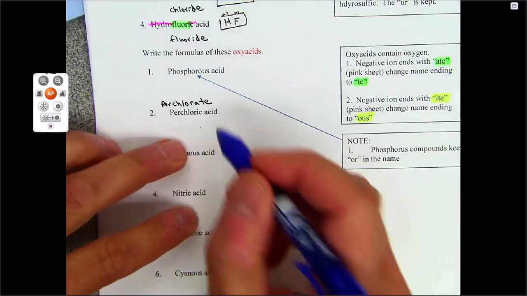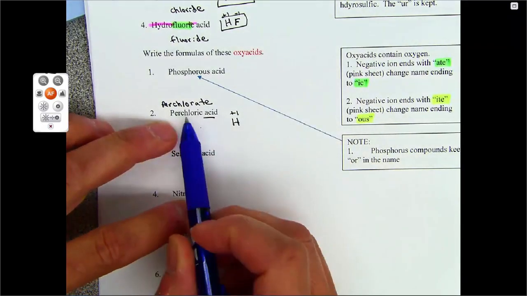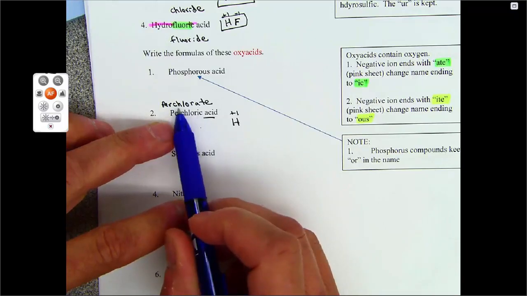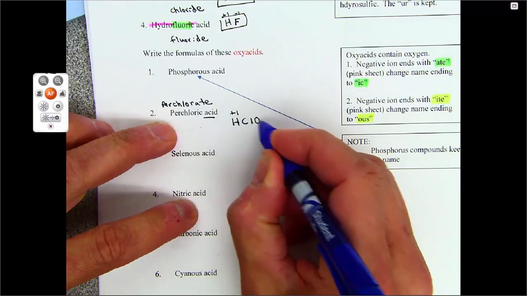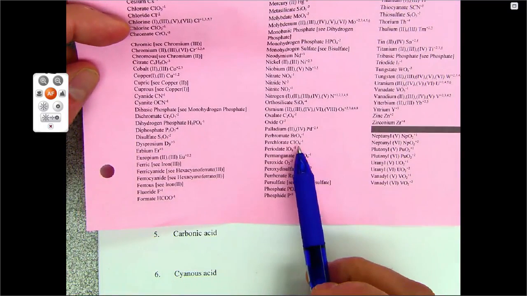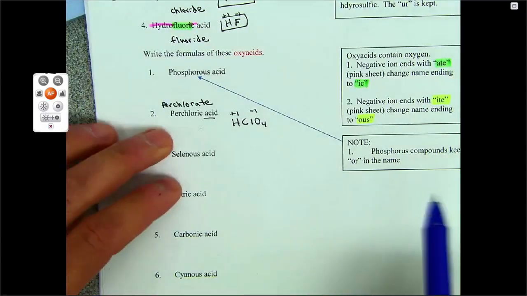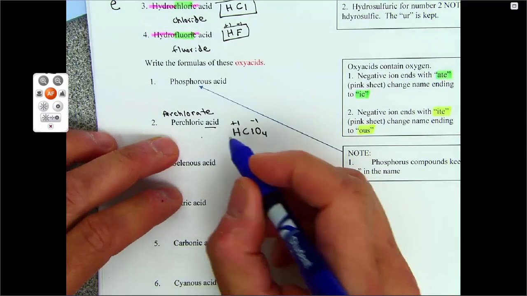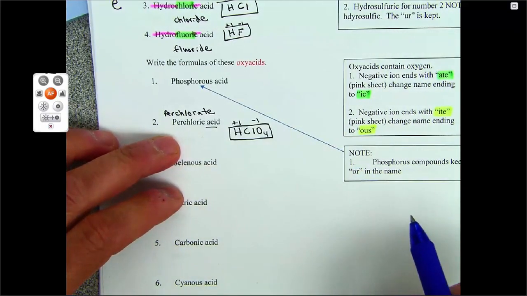So again, acid, H plus 1, and perchloric acid, the negative ion is perchlorate. And perchlorate is ClO4, negative 1. So if we look up perchlorate down here, ClO4, negative 1. So perchloric acid is just plus 1, minus 1, we're done. No hydro, because it has oxygen.